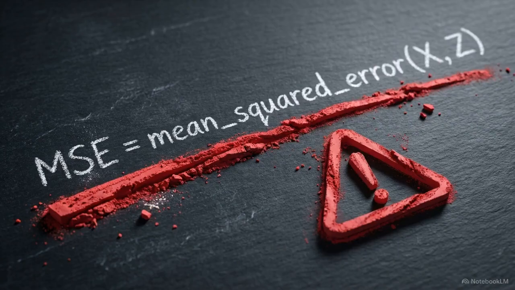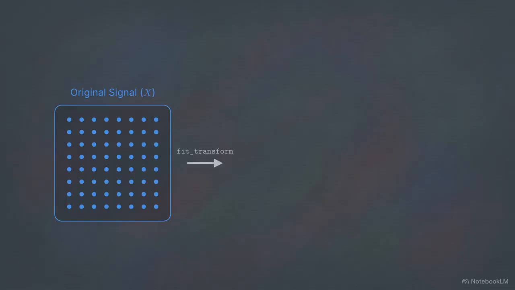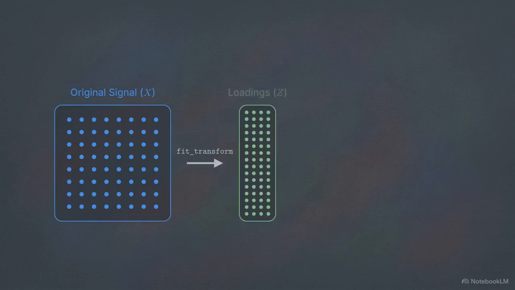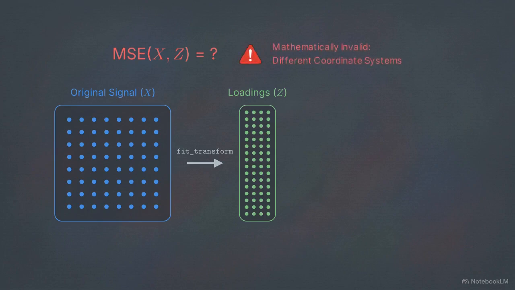In practice, there is a critical, frequent engineering mistake made when using Python libraries like scikit-learn to calculate PCA reconstruction error. Applying the fit transform function does exactly what it says. It outputs the loadings. It maps the data into the new compressed feature space, transforming a large vector x into a much smaller vector z. Many developers attempt to calculate the mean squared error directly on these compressed feature space loadings.